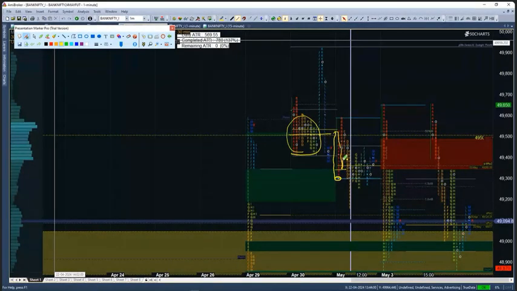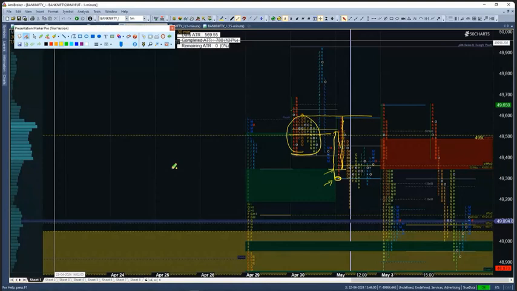Then again buying interest came in. Those who gave the buying interest at the A period low similarly gave buying interest at the B period low as well. But the auction was not able to cross the balance.